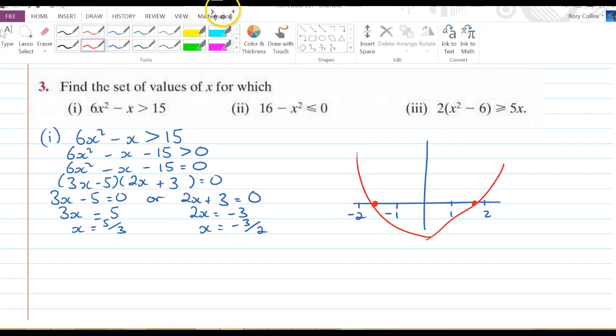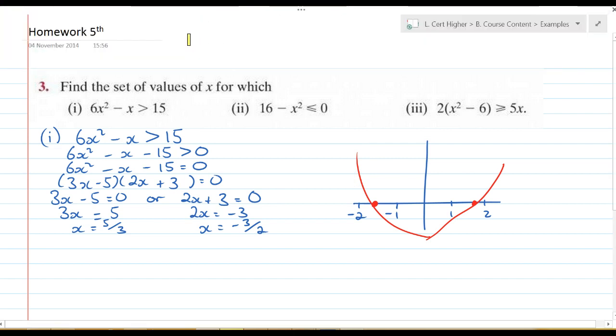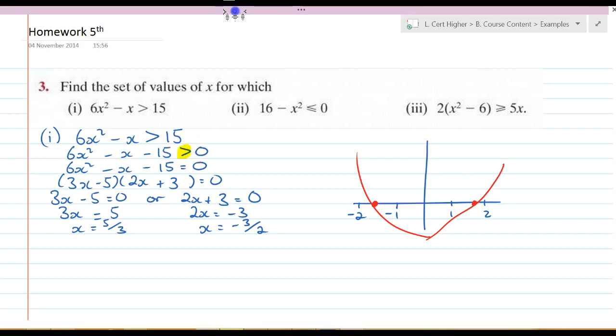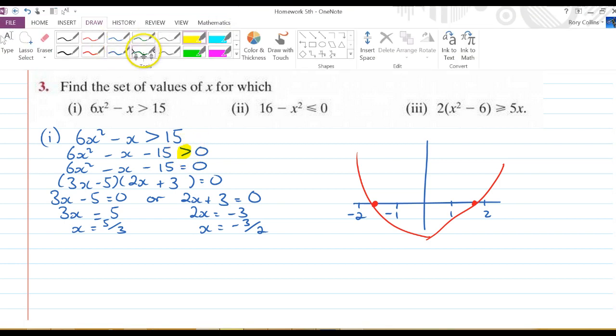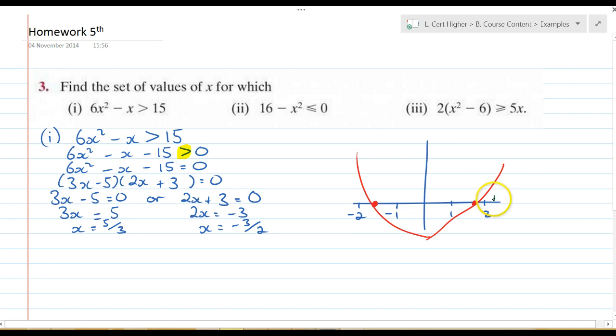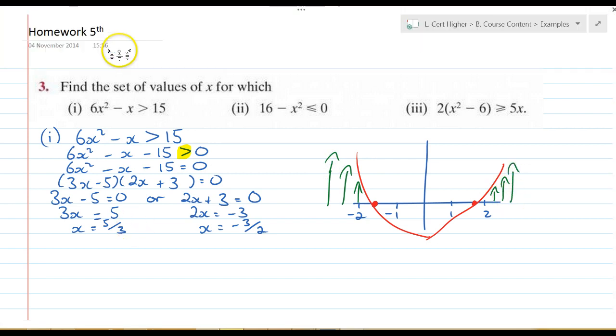Now, we are looking for the x values that make this inequality greater than 0, i.e. this means where the graph is above the x-axis. So these values of x will give back positive values for y. Therefore we have our solution set.